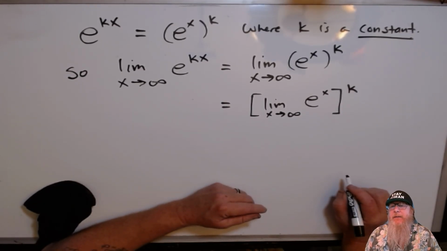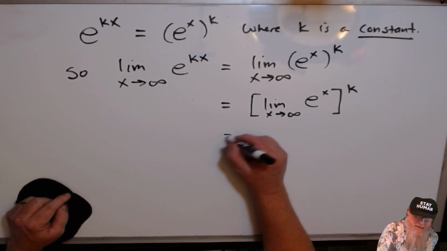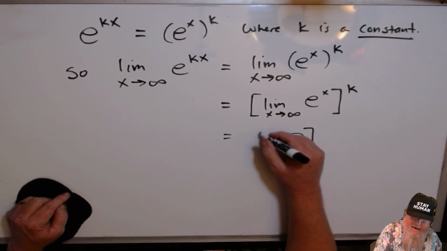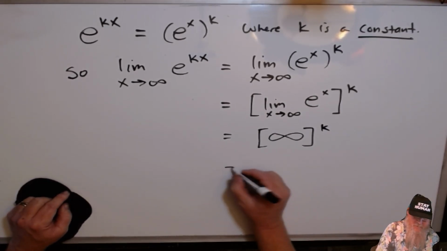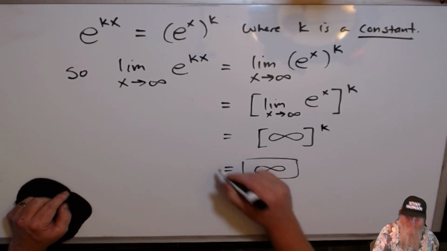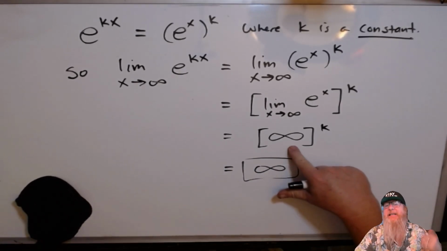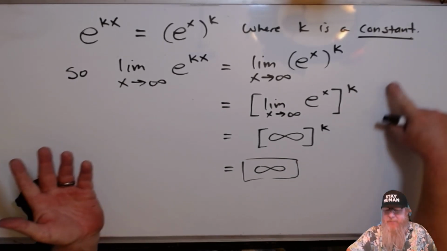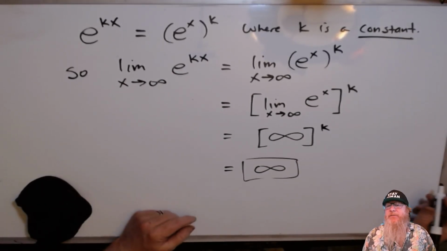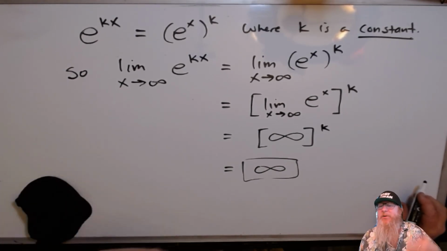All right. So this would be infinity to the k, which would still be infinity. So it's infinity times infinity times infinity a certain number of times, some constant number of times. It's usually 2 or 3 or 4.